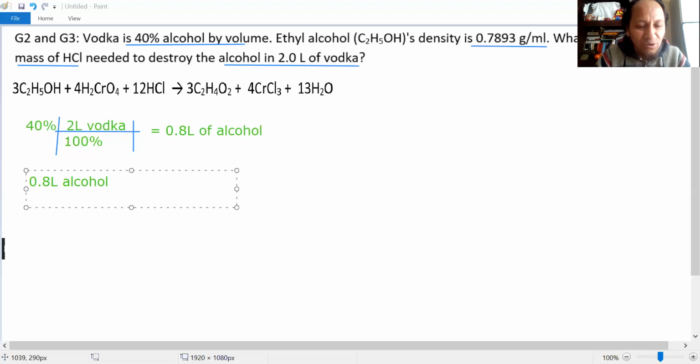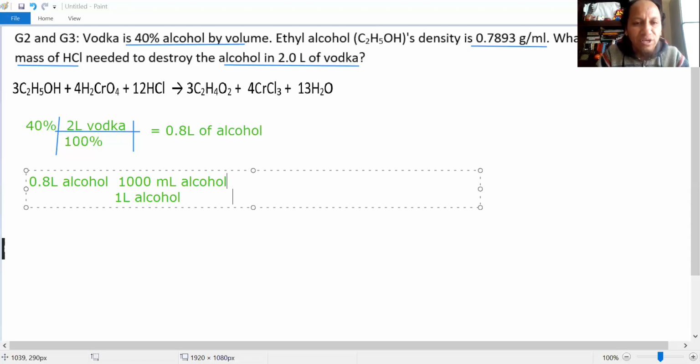So I know that 1 liter of alcohol is 1,000 milliliters of alcohol. And then you have it in milliliters.